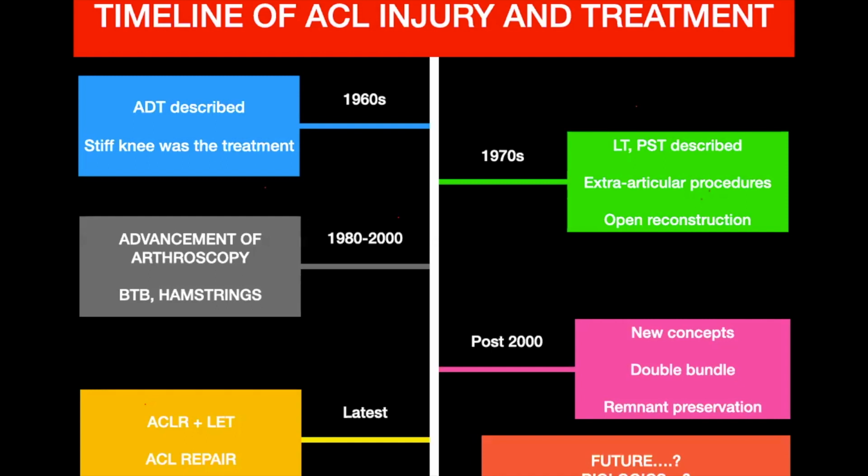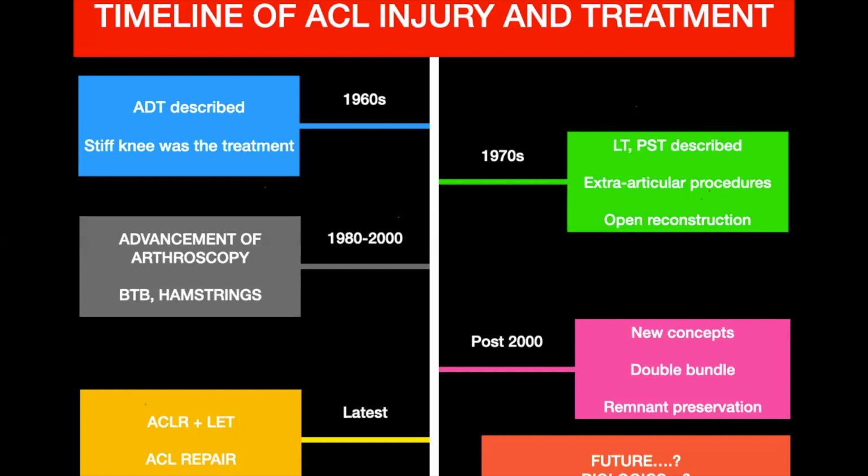From about 1980 to 2000, there was significant advancement of arthroscopy, thus leading to arthroscopic ACL reconstruction, and there was introduction of good grafts for ACL reconstruction. After about 2000, there was introduction of various concepts like double bundle and remnant preservation, and nowadays we are again combining extra-articular procedures with ACL reconstruction, and we are again doing ACL repairs.